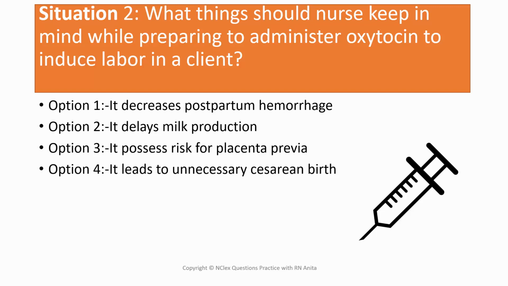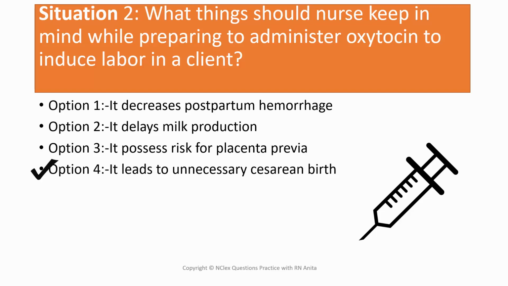Option 2, it delays milk production. Option 3, it poses risks for placenta previa. Option 4, it leads to unnecessary cesarean birth. So you might pause the video and guess the answer. However, I will be explaining the correct option along with its rationale later.